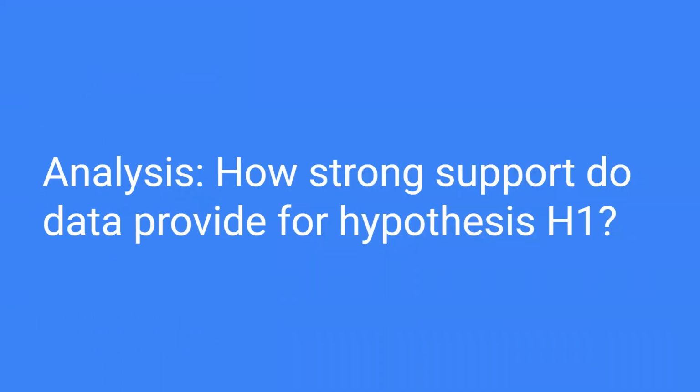So in the second part of this workshop, we will also try to analyze the data that is generated in an experiment. And the analysis is basically trying to answer a question: how strong support do our data provide for the hypothesis? So we know that we can never be 100% sure in science.